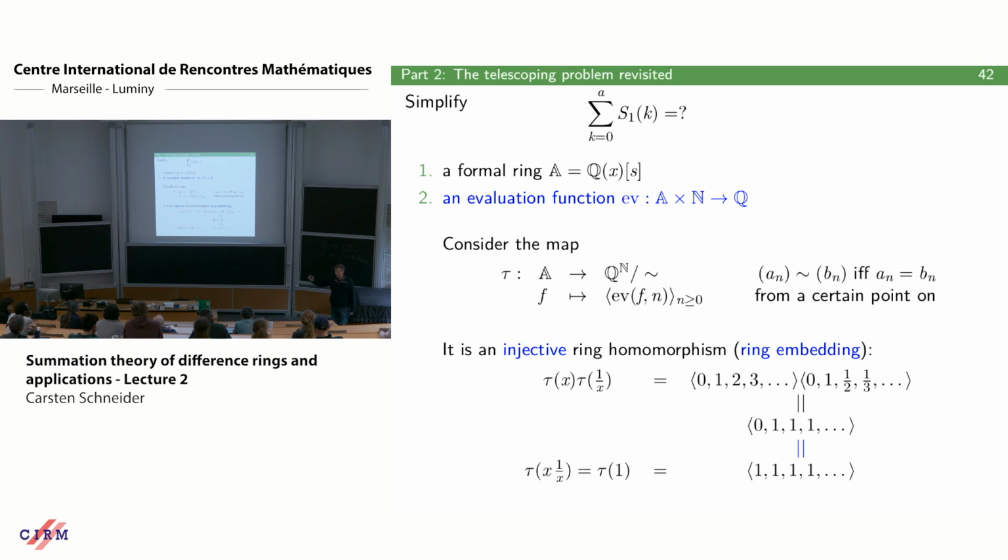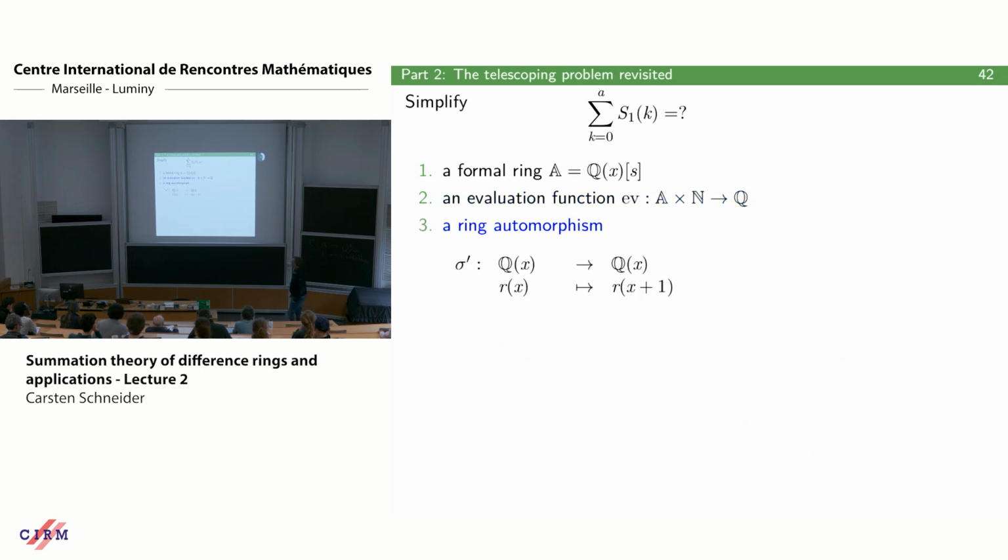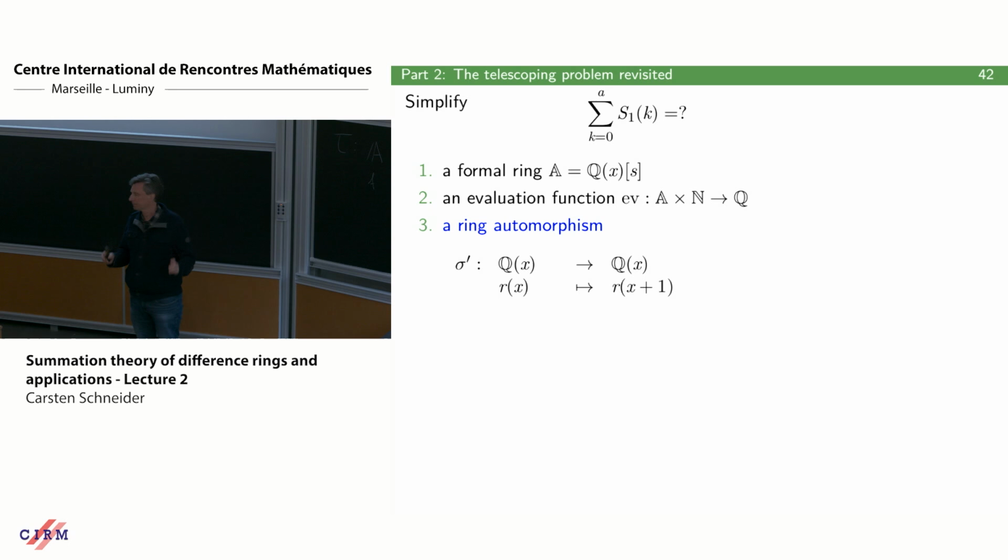There's a summation theory behind, inspired also by Michael Singer, and that follows in a second or in some minutes, okay? But in the moment I say it's injective. And you can verify this algorithmically, okay? So now we have this, I know how to evaluate objects.